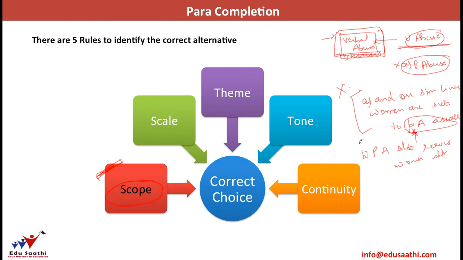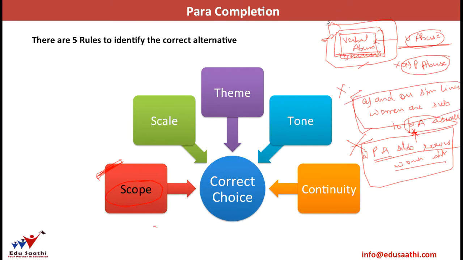Now what happens is, this is the alternative that is violating the scope, because physical abuse has not been discussed in the entire passage yet. So this structure of the sentence where you've just started discussing the impact of physical abuse would obviously violate the scope of the passage, but the sentence where you're just relating the physical abuse to verbal abuse is not violating the scope.